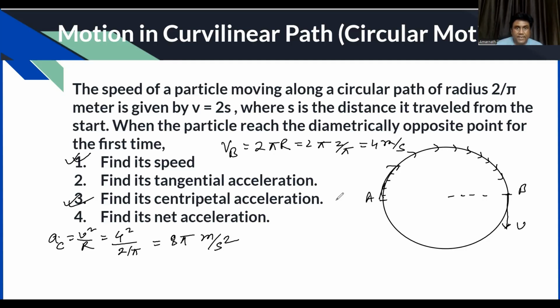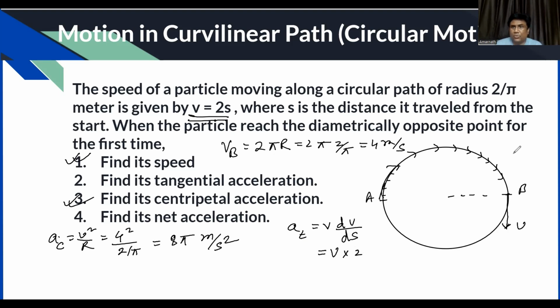Centripetal acceleration calculated. Tangential acceleration, we have to work on it. Tangential acceleration is actually v dv by ds, okay? V dv by ds. And what is the dv by ds? It is 2 only.